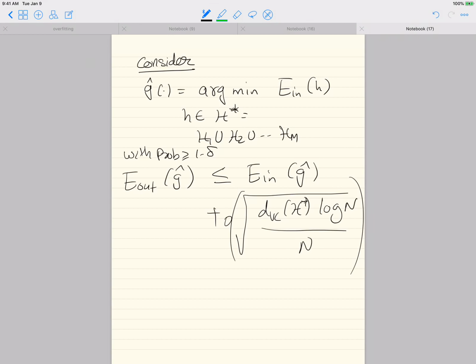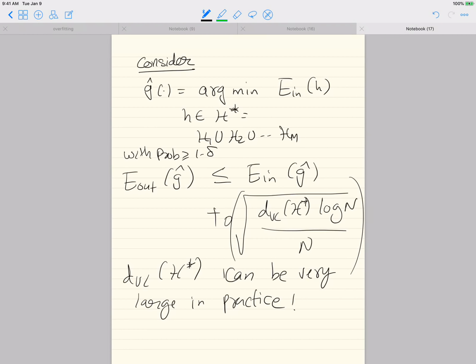Now, the VC dimension for this hypothesis class can be very big. If you're using complex models like neural networks, this term can be huge. So dVC of H star can be very large in practice.